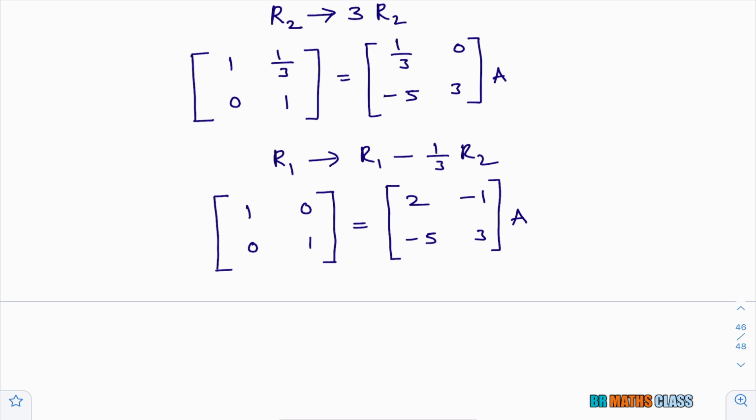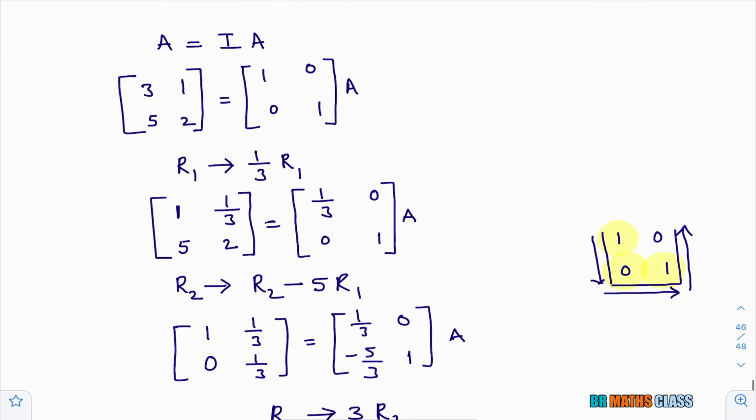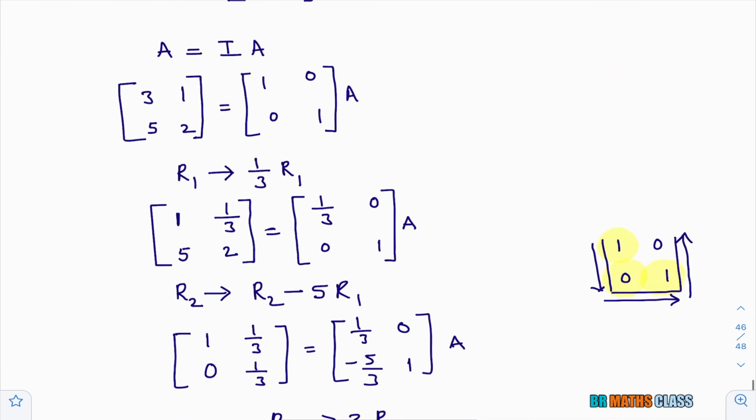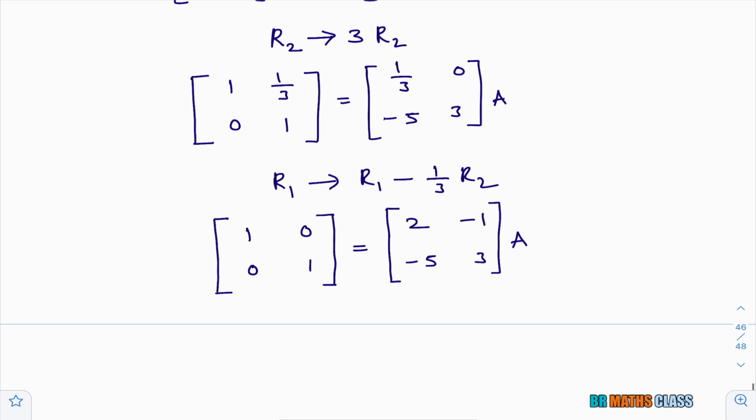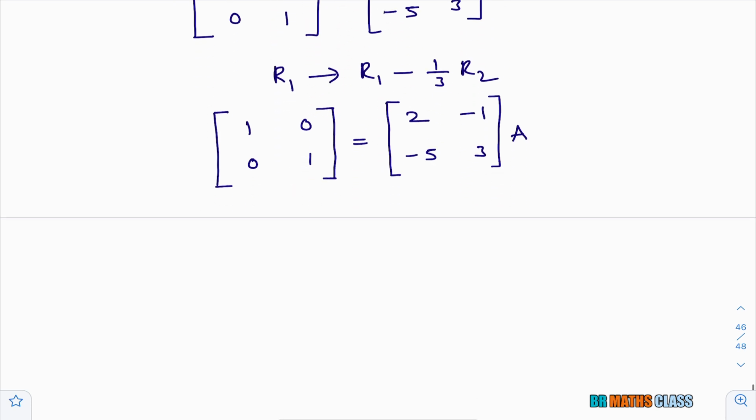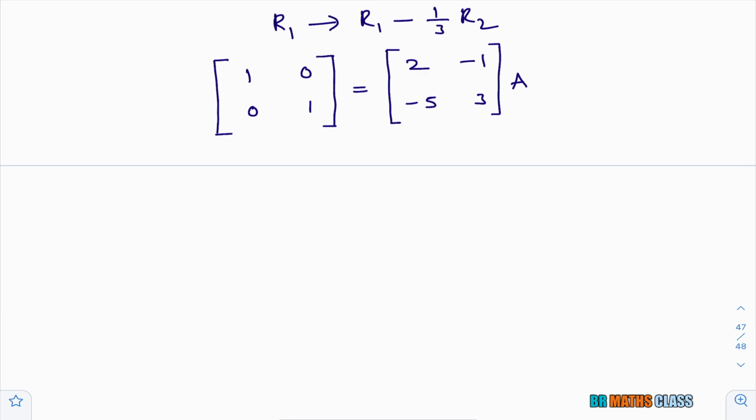See, when I started this question, what I said in the beginning, our intention is we want to convert this matrix into unit matrix. You observe at the end, we got 1, 0, 0, 1, unit matrix. Once you got this step, this problem is over. Whatever you got is the inverse of the matrix as per the definition.